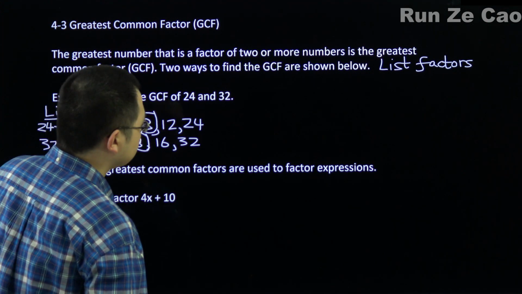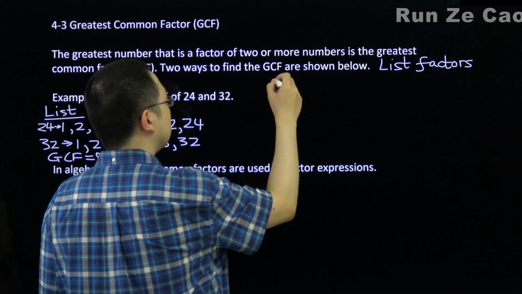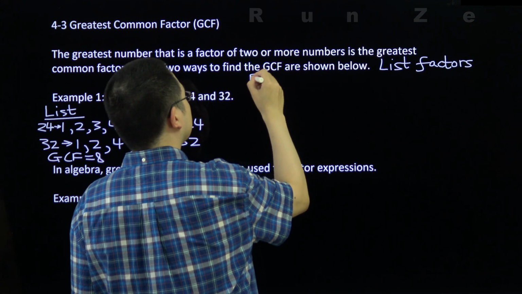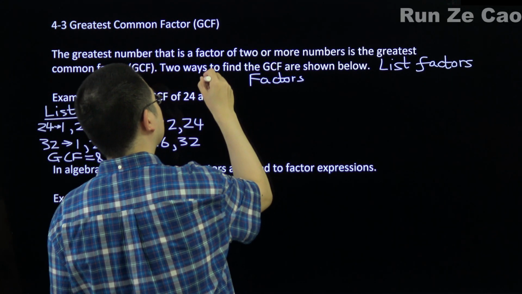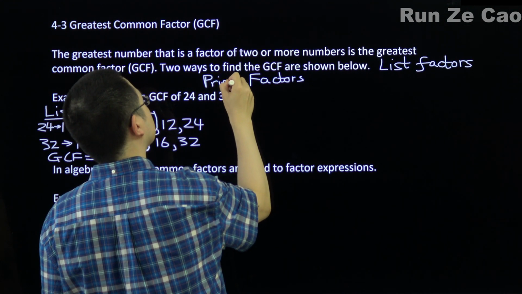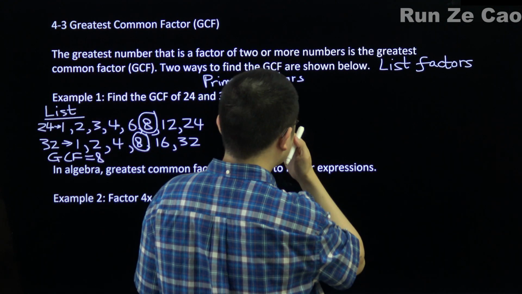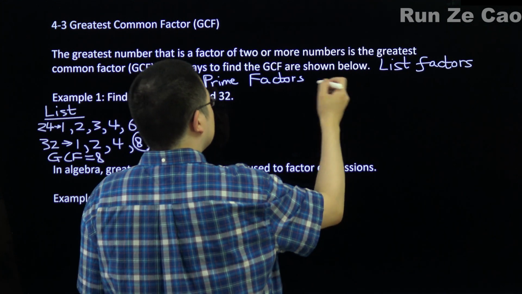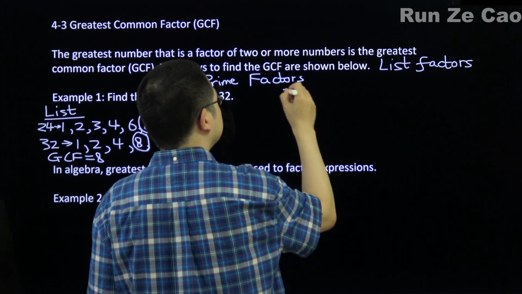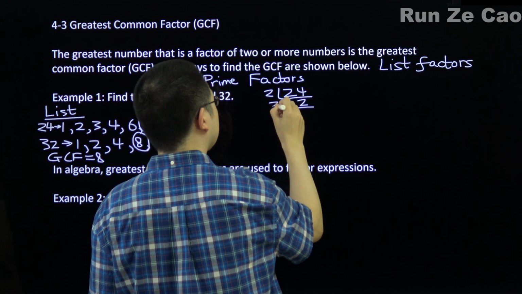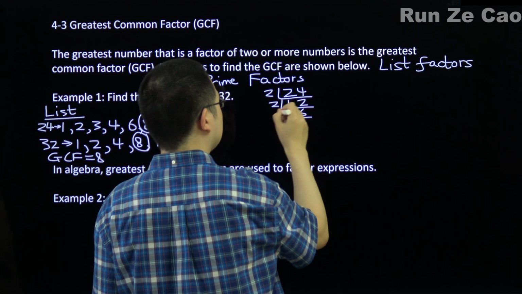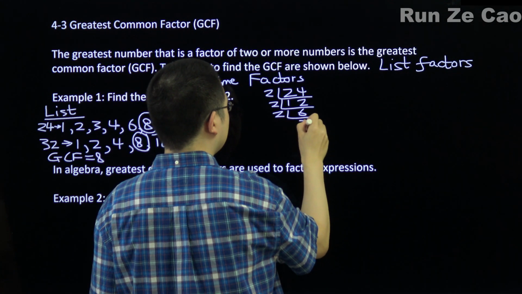All right, what else could we do? We could also use prime factors. The prime factorization method: 24 divided by 2, 12 divided by 2 again, I get 6, and divided by 2 again to get 3.